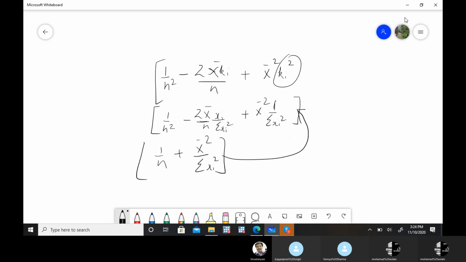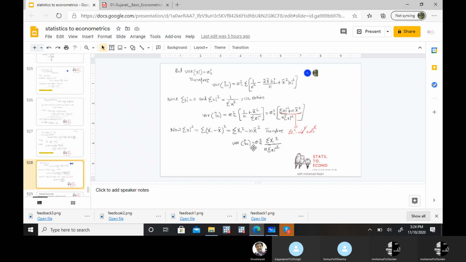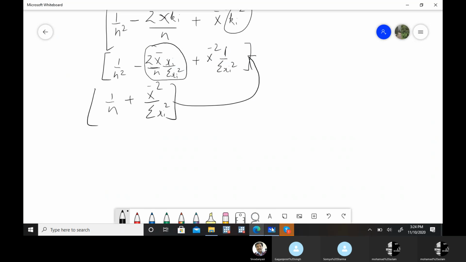So just solve this particular part. If we open this summation part, summation ki is 0.